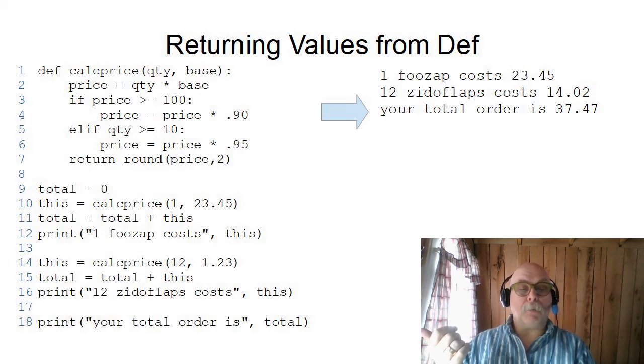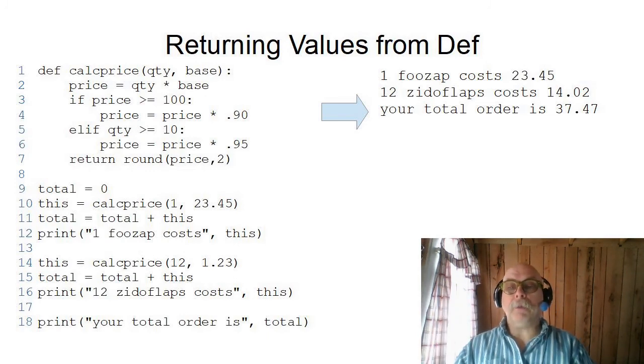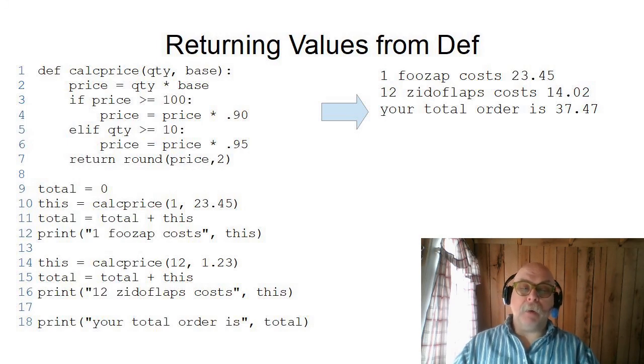You can see that I just print out the total that I've accumulated by initializing it to 0 and adding the two items. So you can see now that the calc price function is so much more flexible. It's so much cooler because now instead of just printing the value, it returns the value that I can then use in other calculations and use in my program so I don't have to keep calling it every single time I need it.